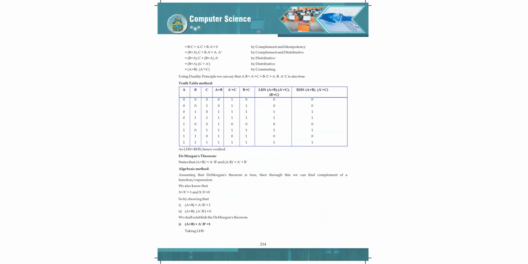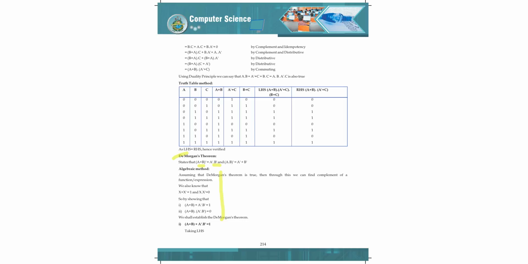Okay. We have to see De Morgan's theorem now, because this is a very important theorem, and sometimes in the exam the solution of this theorem also comes. Okay. So what does De Morgan's theorem state? De Morgan's theorem states that a plus b whole bar is equal to a bar dot b bar. If you want to do it with algebraic, you can start with algebraic, otherwise truth table. Fine.